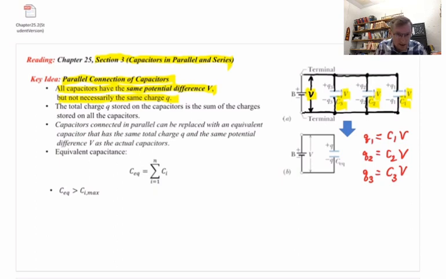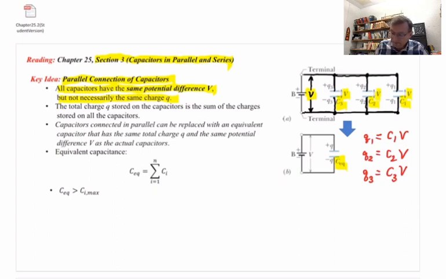All right, so they have different Qs, but what they have the same in a parallel connection is the same V potential difference. Now, what we want to do is simplify that circuit down to one equivalent capacitor connected to the battery. And that's what the second drawing shows. It's replaced the three capacitors in parallel with one equivalent one, with some capacitance CEQ for equivalent. We want to be able to calculate that equivalent capacitance.